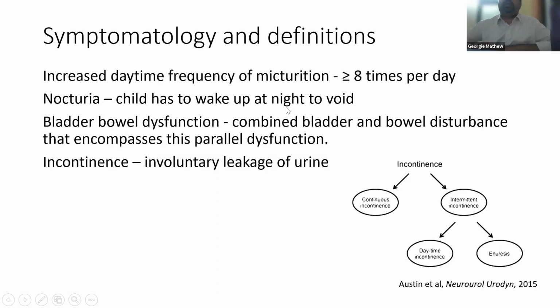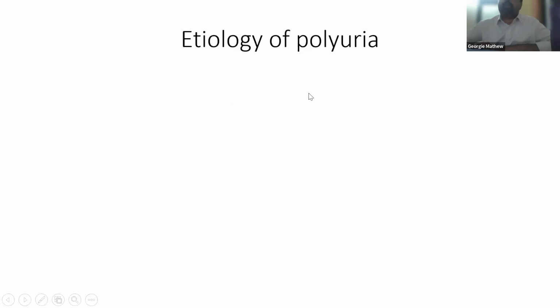child with suspected polyuria. Okay, so as I mentioned before, we know that there needs to be excess of either solutes or water when you have polyuria, correct? So how does polyuria happen?